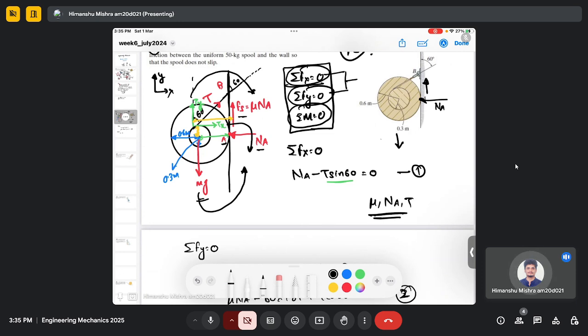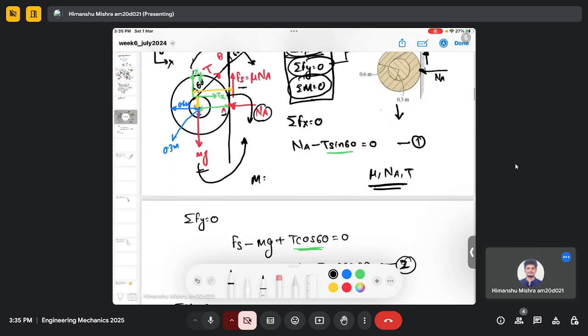There will be no moment due to force Na and the friction force because there is no perpendicular distance for them, and therefore this moment, which is defined by force multiplied by perpendicular distance, is zero. We discussed this in detail in our first week class.